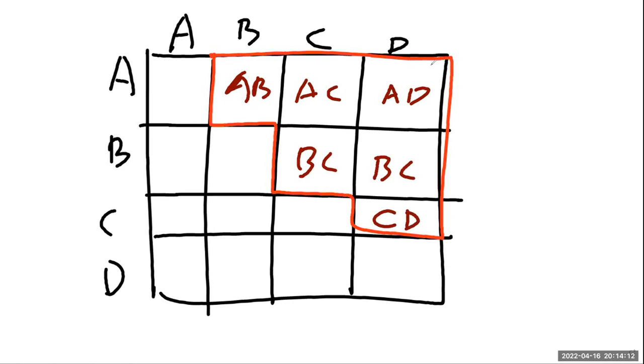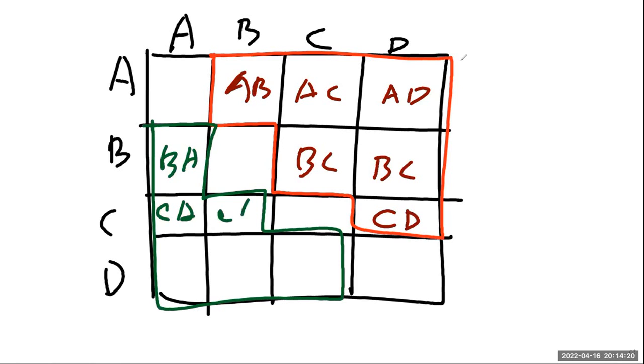The other way is to use the lower triangle to generate BA, CA, CB, DA, DB, DC. Either way would create all the possible pairs, all the combinations using the 4 letters.